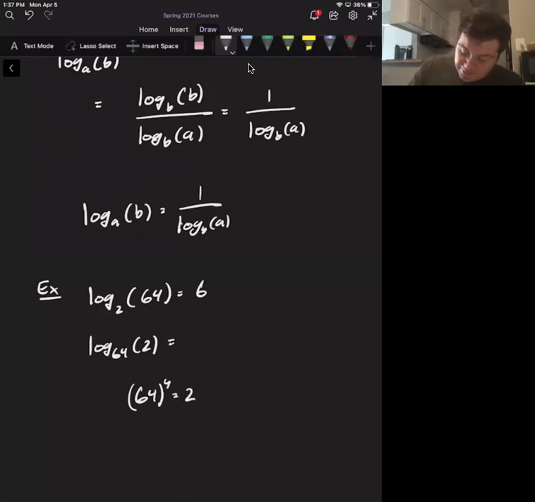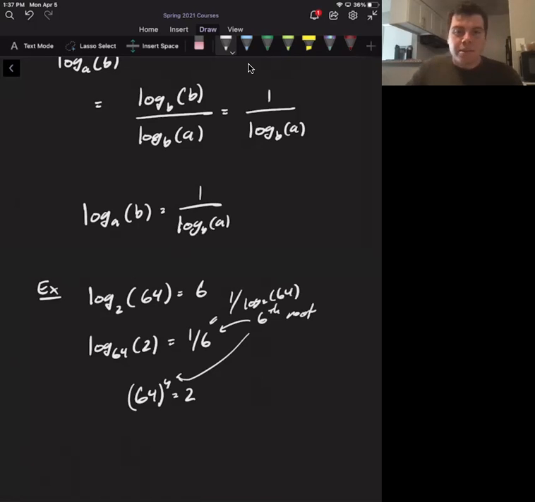And if we take 1 over 6, so we take the 6th root, we'll get back 2. So yeah, we get that this is 1 over log 2 of 64. Yeah, so it's quite a nice formula. Pretty cool. Might be a fun test question to ask as well. That might be tough to figure out if you don't have this specific rule memorized.